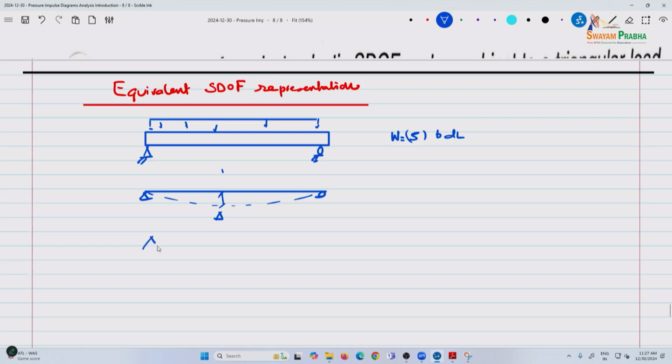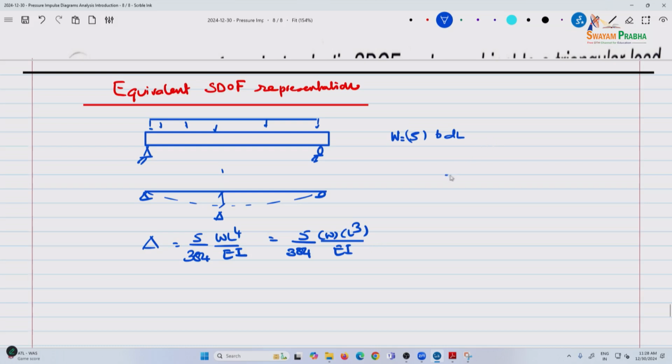The deflection, as we all know, is 5 by 384, WL to the power 4 by EI. So from here you can further say this is 5 by 384, WL times L cubed by EI.